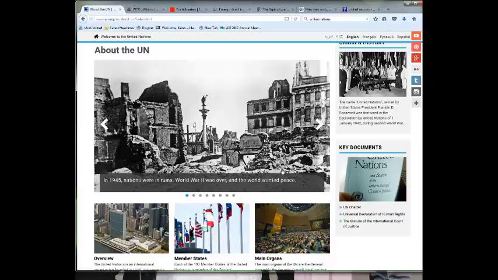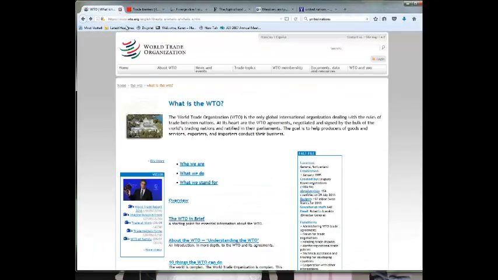So that talks about the peacekeeping function of the United Nations. And then lastly, here's the World Trade Organization, and it deals with the rules of trade between nations. So it talks about trade agreements and negotiations and resolving trade issues between nations.